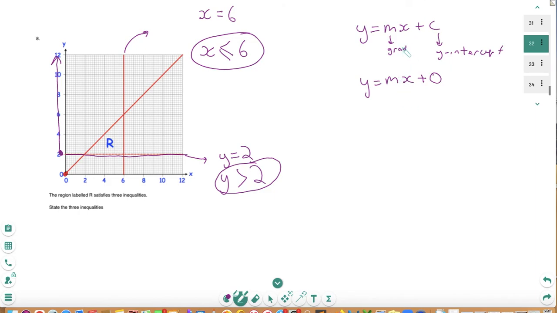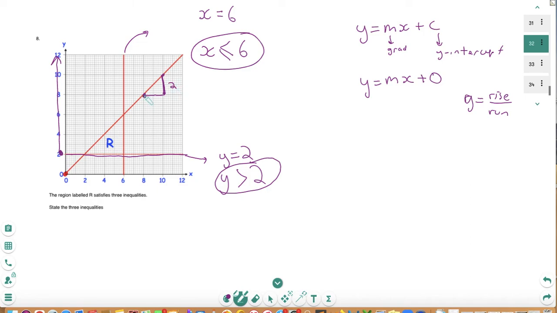Now, how do we find our gradient? Well, the gradient is just the rise over the run. So gradient is equal to rise over run. All you do is just choose any 2 points along this line. Let's choose this point here and this point here, and we're going to draw a little triangle. So the rise from here to here, so that's from 8 to 10, is 2. So the jump is 2.